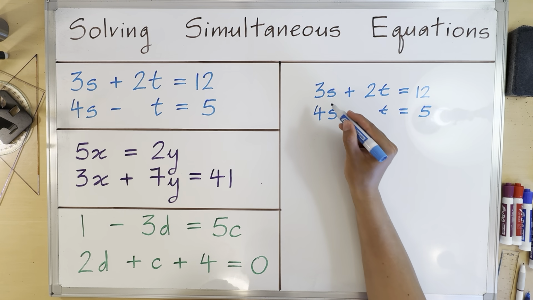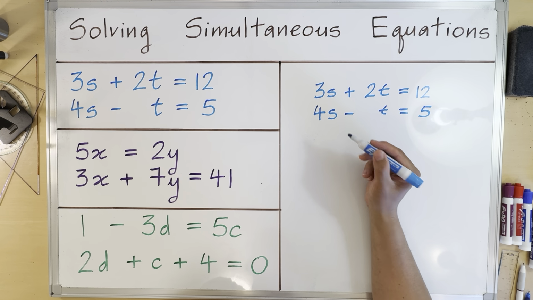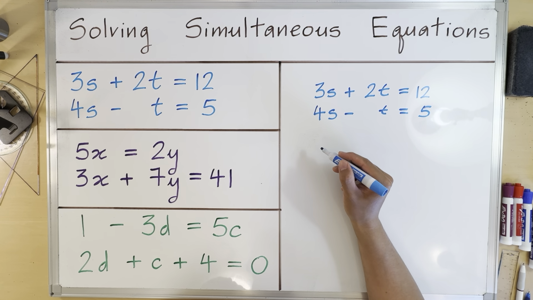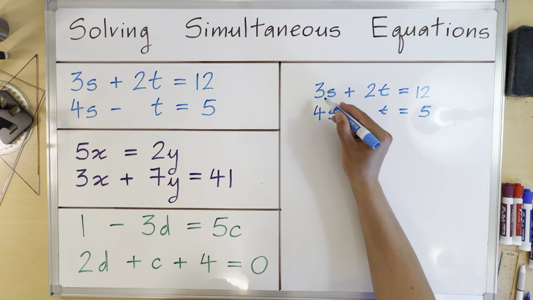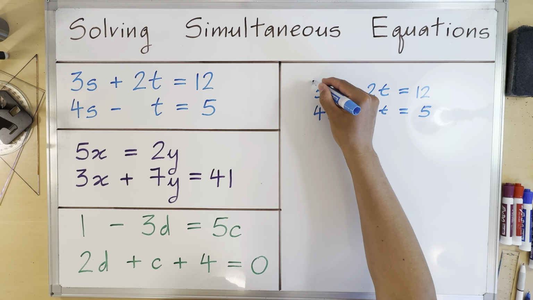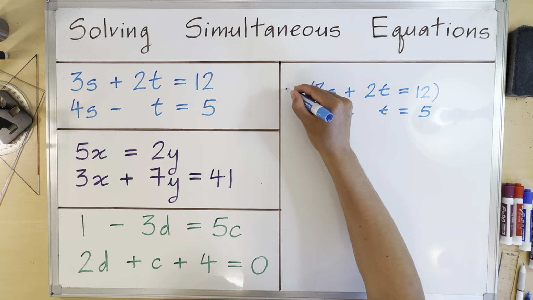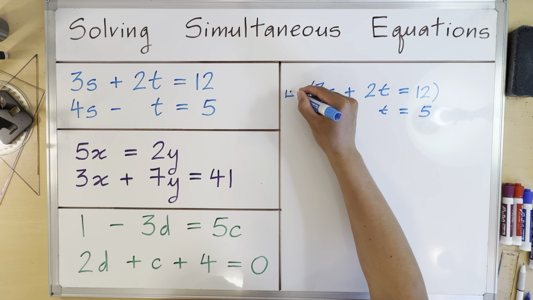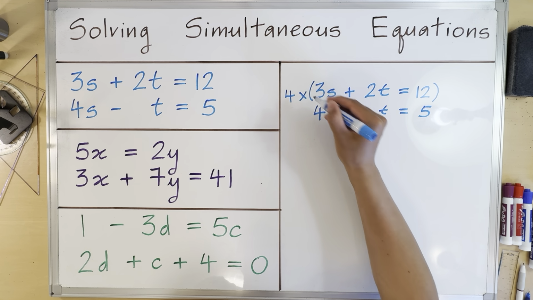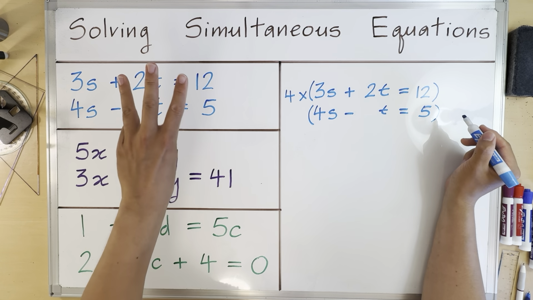So 3s and 4s, the s is already the same. However, 3 and 4 are not the same. And what we have to do is to make them the same. And so therefore, the way to do it is to multiply the first equation by 4 and to multiply the second equation by 3.